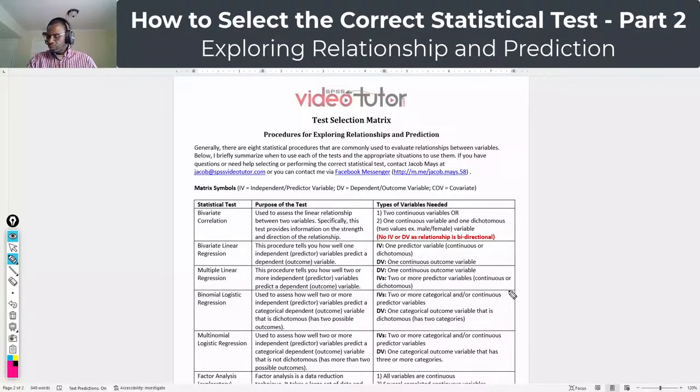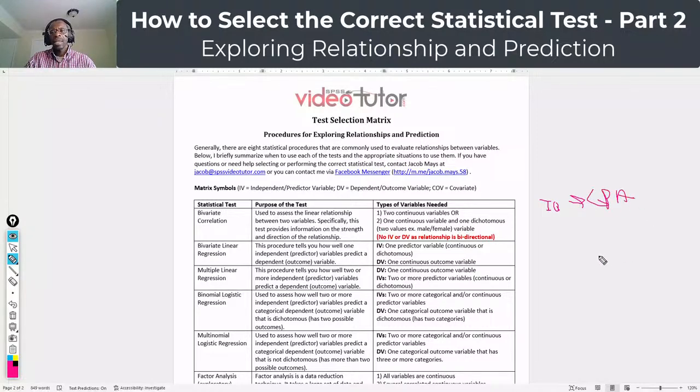Okay. All right. Next, we've got the multiple linear regression. So for the bivariate linear regression, let's say we're trying to see if IQ influences GPA.